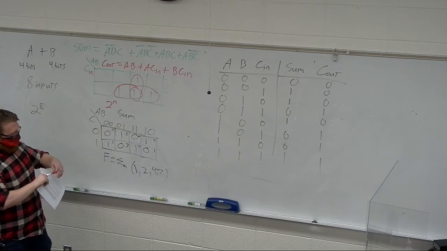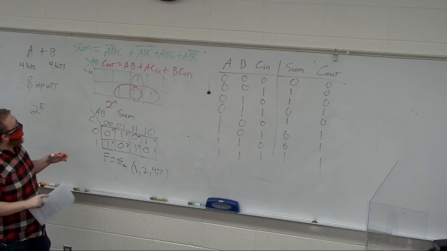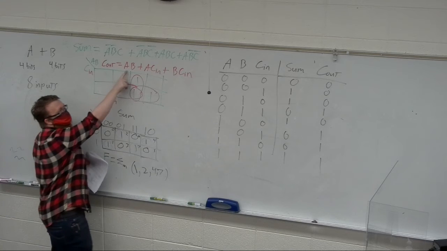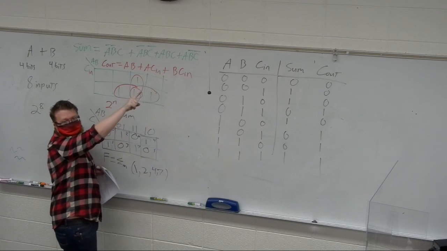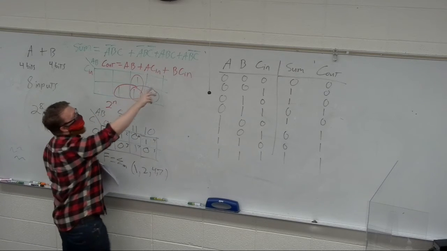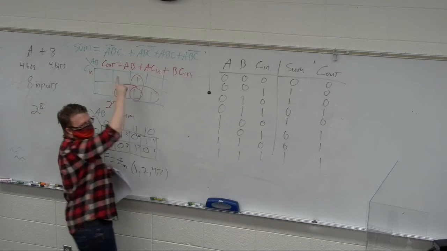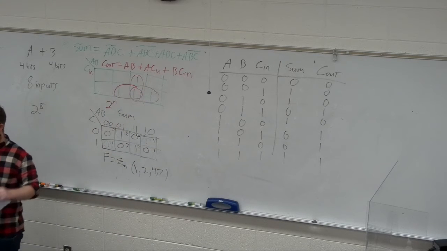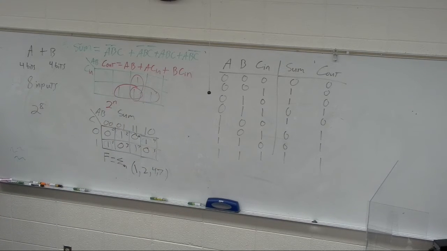Cool. Please do put them in alphabetical order when you start labeling these equations. So don't do C in A, do A, then C in. That makes it way easier for me to grade.